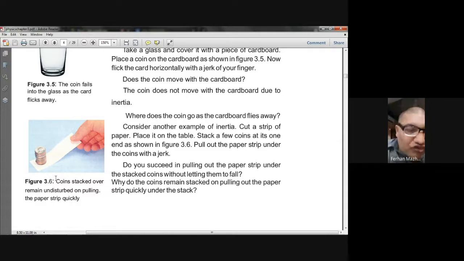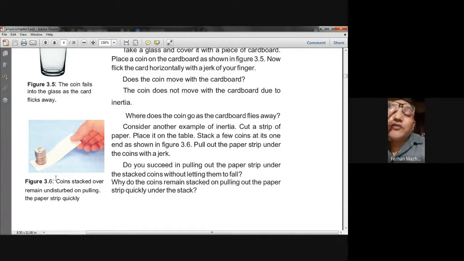When you are going forward in a car at a certain speed, and all of a sudden the brakes are applied, the car stops, but your body resists any change in its state of motion. Your body says, I want to continue with that speed. That's why your body goes forward.